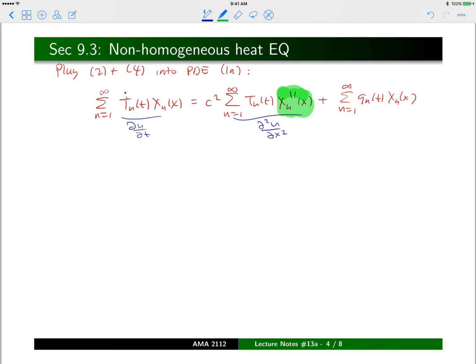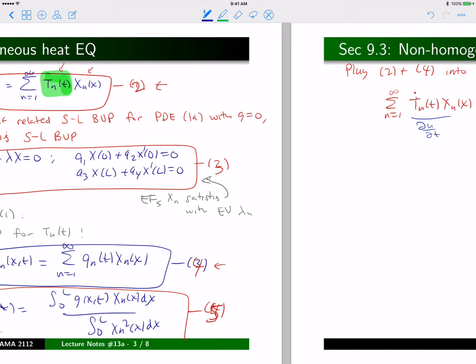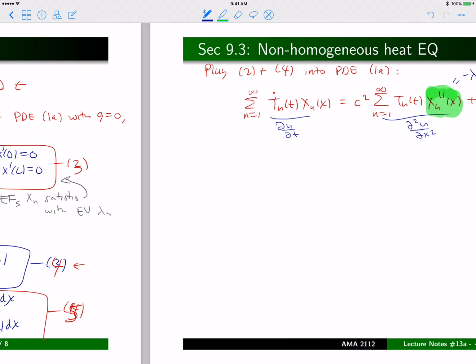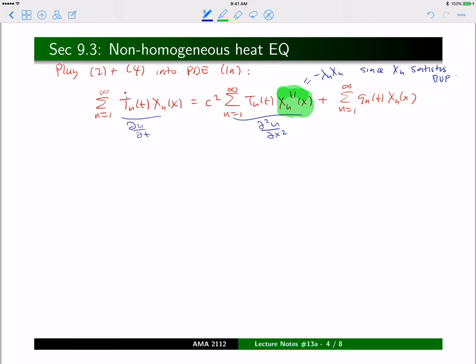So in fact, this is equal to minus lambda n Xn, since Xn satisfies boundary value problem 3, which includes the ODE.